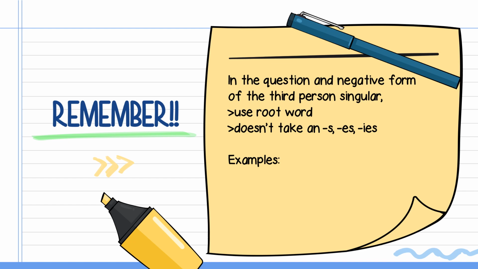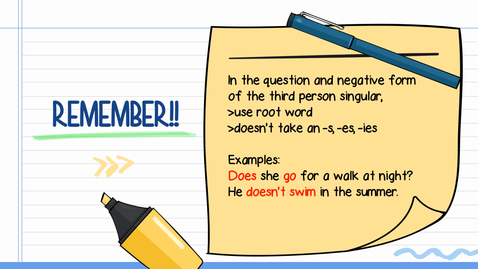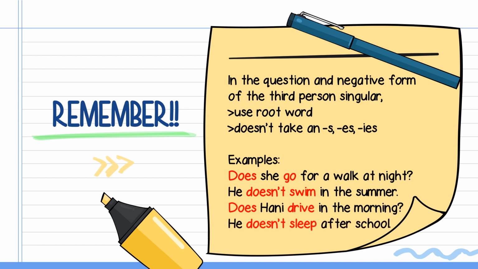For examples, does she go for a walk at night? He doesn't swim in the summer. Does Honey drive in the morning? He doesn't sleep after school.